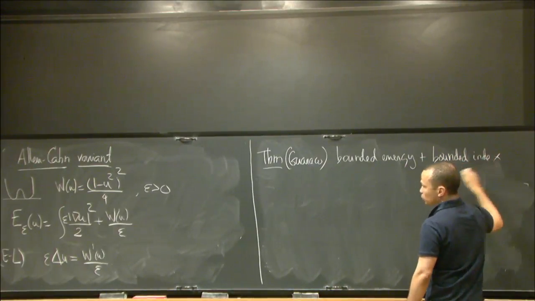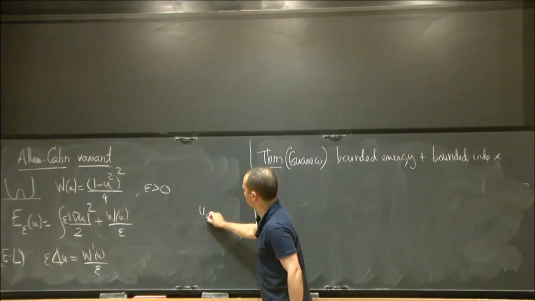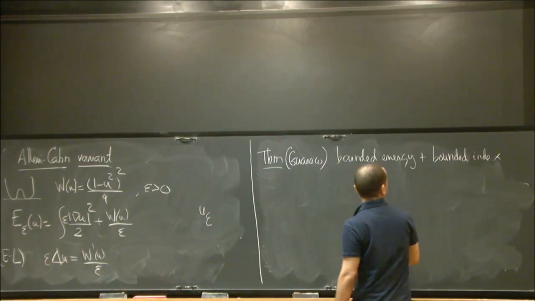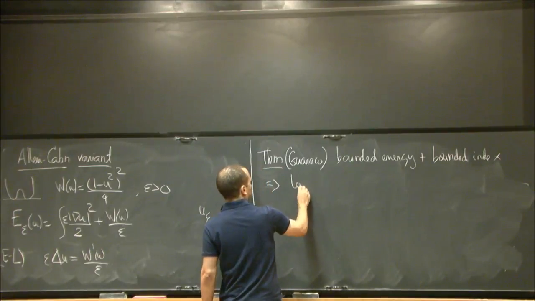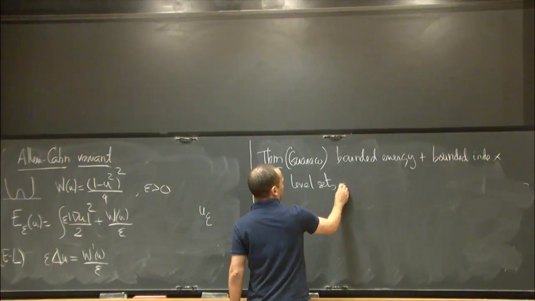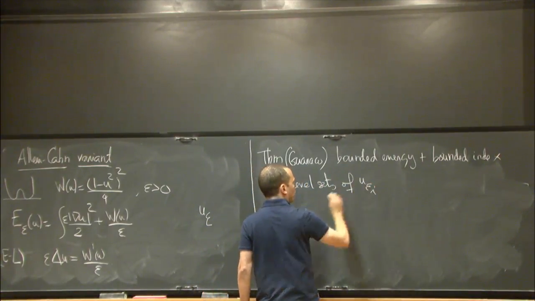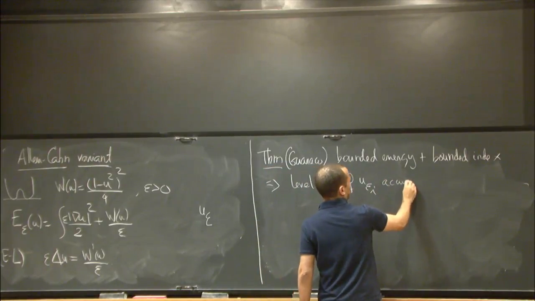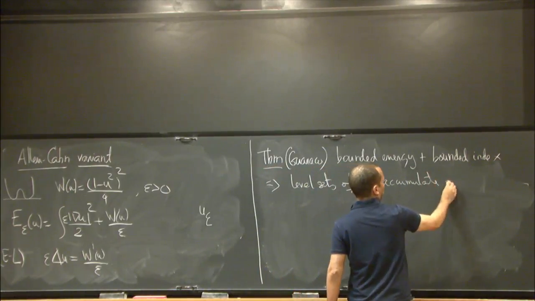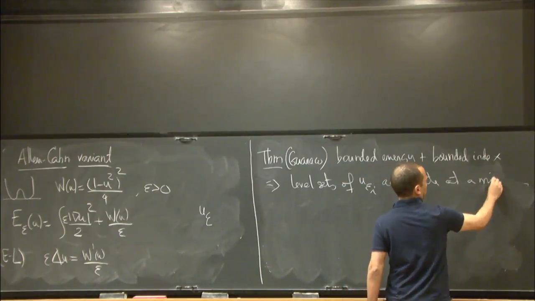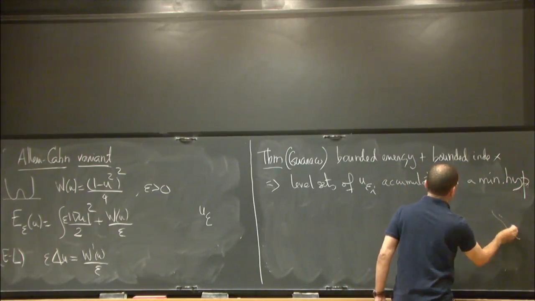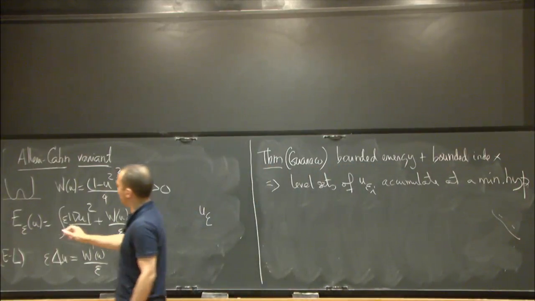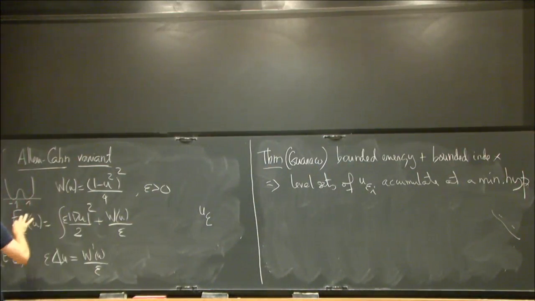and here I'm talking about solutions u sub epsilon of this equation, then the level sets of a subsequence will accumulate at a minimal hypersurface. The idea is that these functions have two trivial critical points, -1 and 1. So the function tends to want to be constant, equal to 1 or to -1.